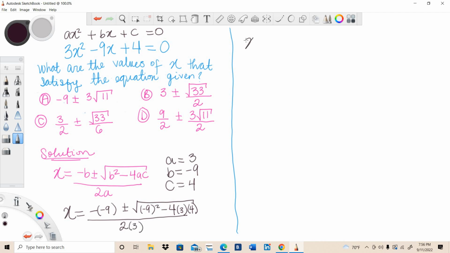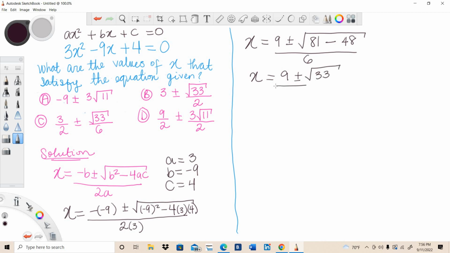So you have x equals negative negative 9 is just 9, plus or minus the square root of negative 9 squared, which is simply 81, minus 4 times 3 is 12, 12 times 4 is 48, so minus 48, divided by 2 times 3, which is 6. So that will be x equals 9 plus or minus the square root of 81 minus 48, which is 33, divided by 6. So that will be x equals 9 divided by 6 plus or minus the square root of 33 divided by 6.